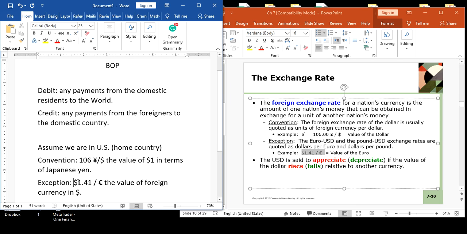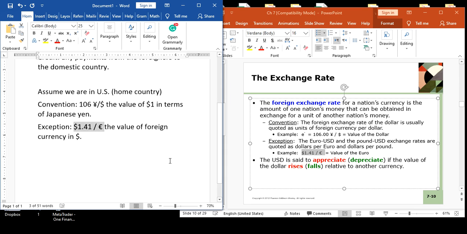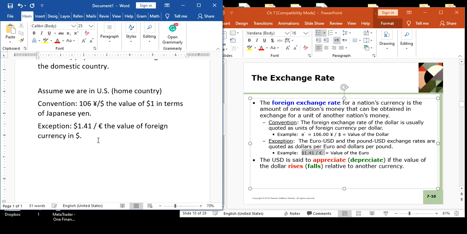For example, in this example, if it becomes 48, it means depreciation. Let me specify that the dollar depreciates.